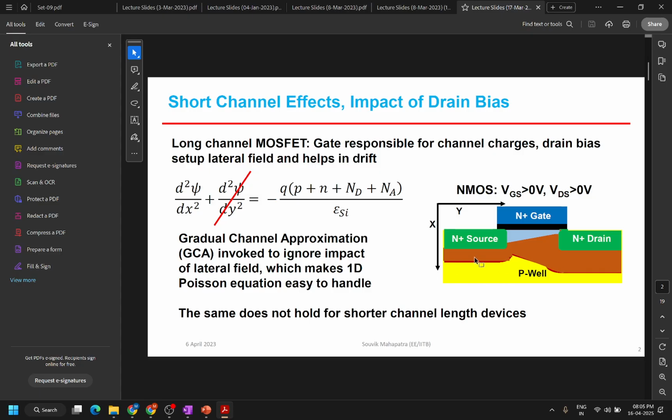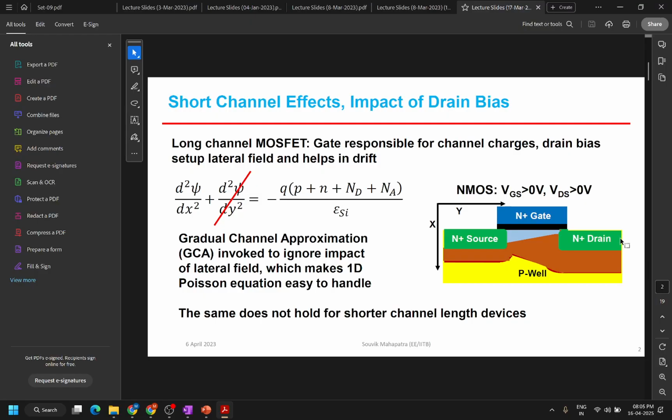So the drain current formulas that we have studied till now had considered that the channel is long. The formulas we had studied had taken something called the gradual channel approximation. We ignored the effect of the electric field in the lateral direction between drain and source.